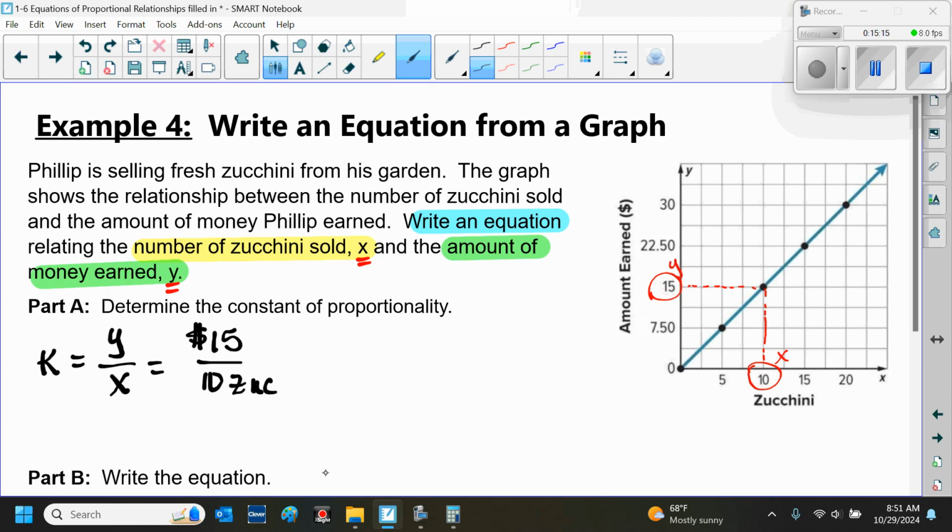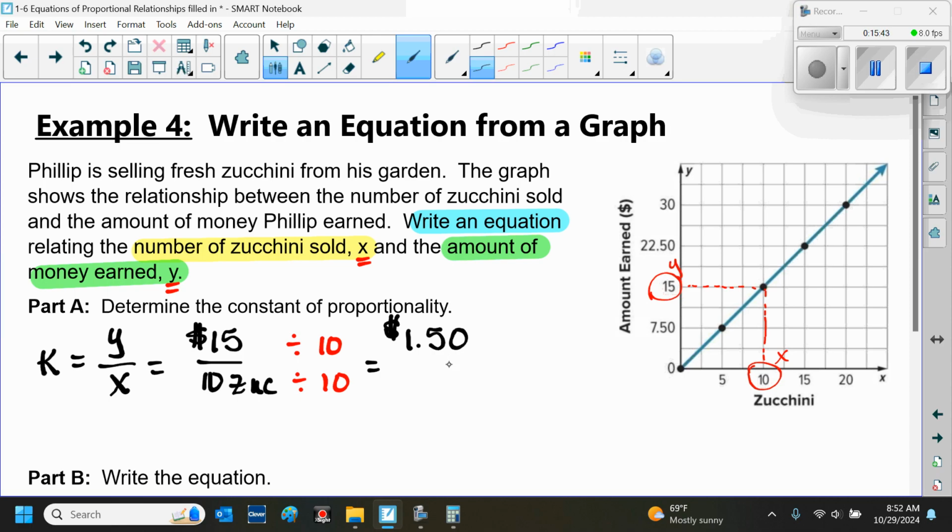Now, we want to change that to a unit rate. So what are we going to divide by in the numerator and the denominator? 10. Yeah, so we divide by 10. So when we divide by 10, we have 15 divided by 10, and that's going to give us 1.5. So that 1.5 means $1.50.